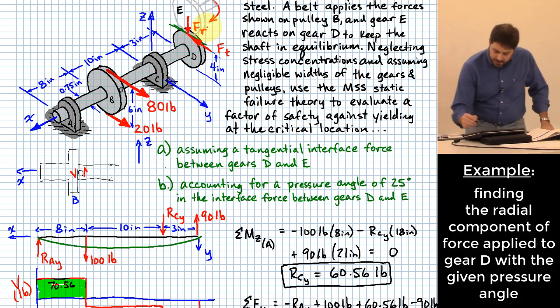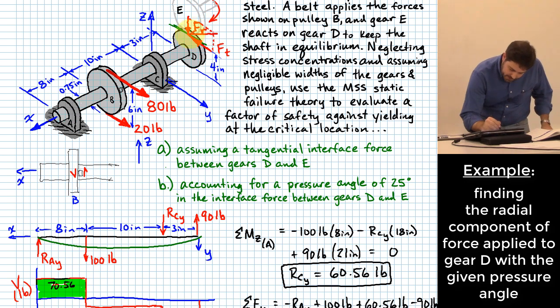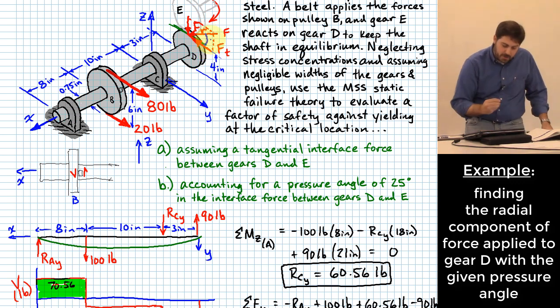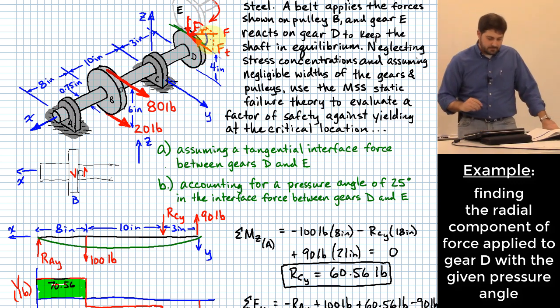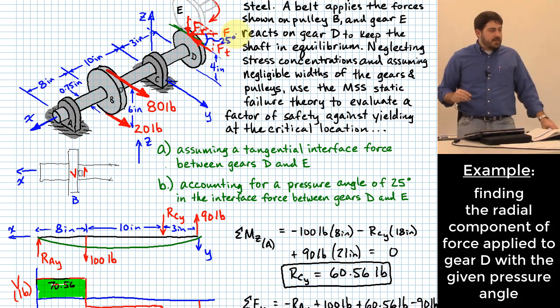Think of it this way. The combination of these two forces is the total force that's acting right at that location. I would just call that F. This angle right here is my pressure angle, right? 25 degrees. So what's FR?